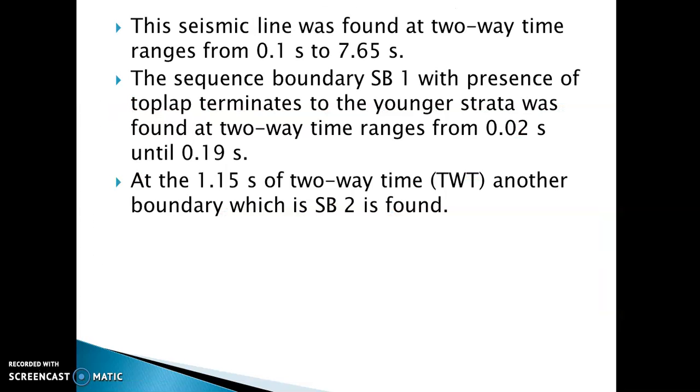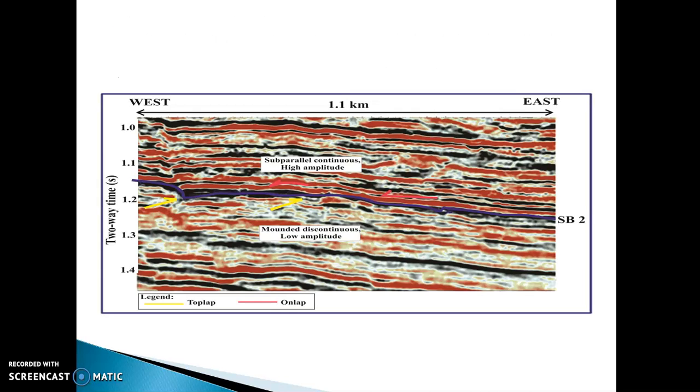The seismic line was found at two-way time ranging from 0.1 second to 7.65 seconds. Sequence boundary SB1, with the presence of toplap terminating to the younger strata, was found at two-way time ranging from 0.02 second until 0.19 second. At 1.15 seconds two-way time, another boundary, SB2, is found.